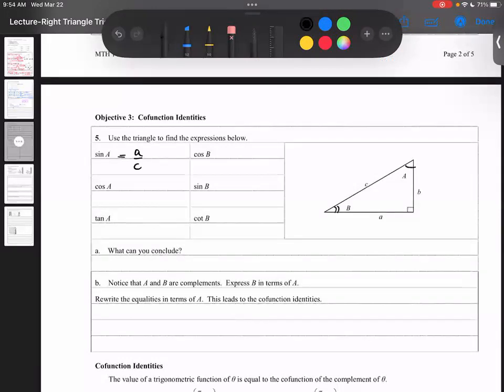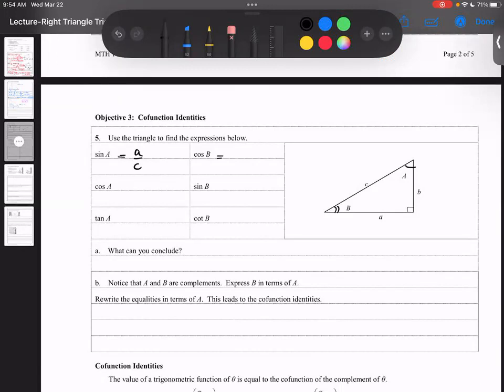Cos B will be, someone tell me, what's cos B equal? Very good.